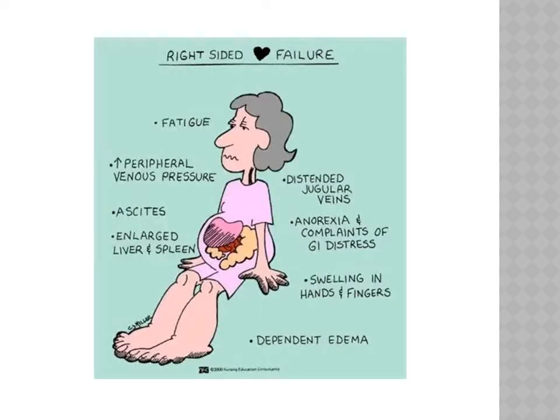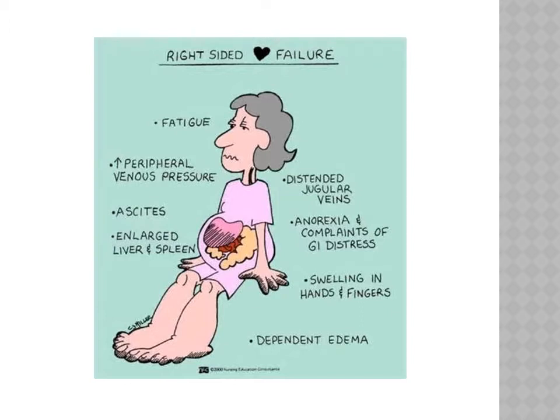So then moving on to right-sided heart failure. What we can see here by this cartoon is that the right-sided heart failure affects more of the body. So if you think of right in relationship to the body, what you can see here is that the patient has a lot of peripheral edema, so swelling in the hands and the fingers, as well as the feet, so that dependent edema here.